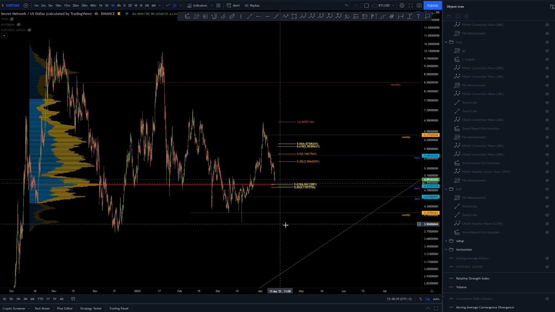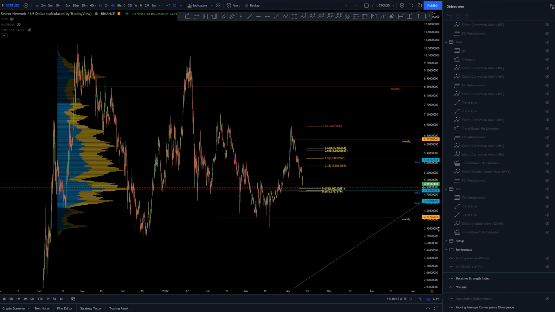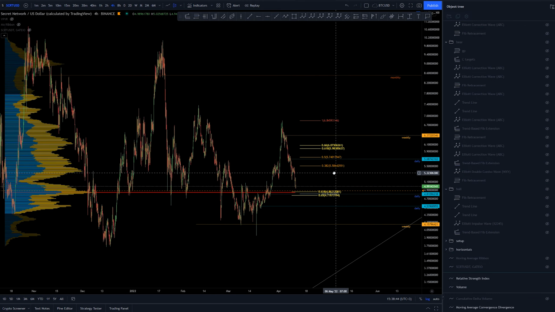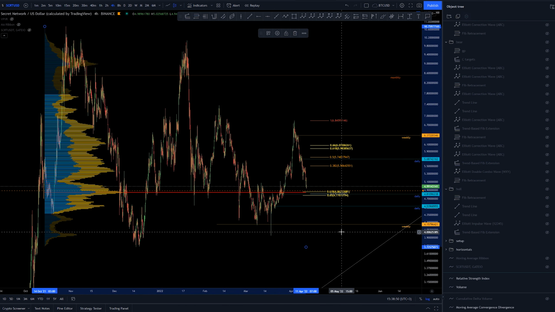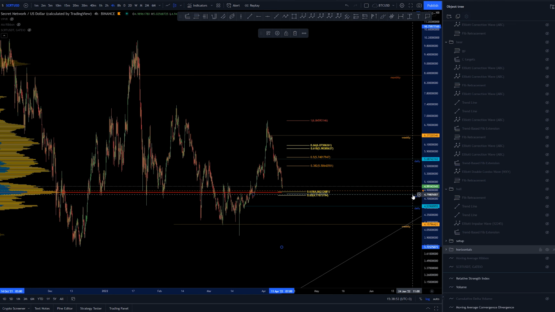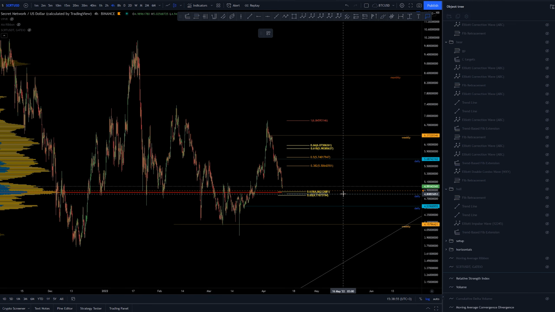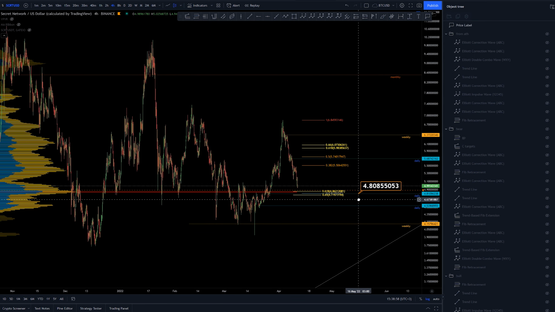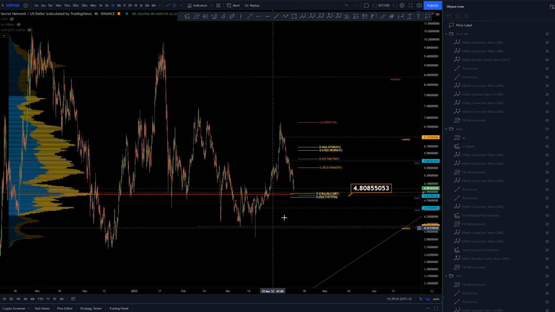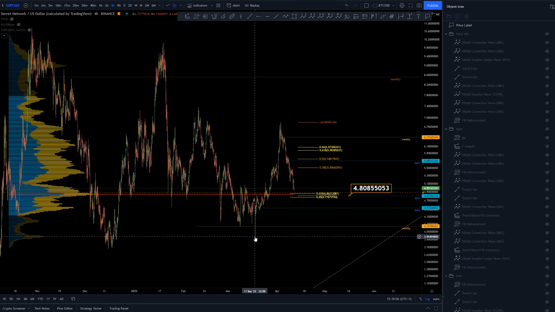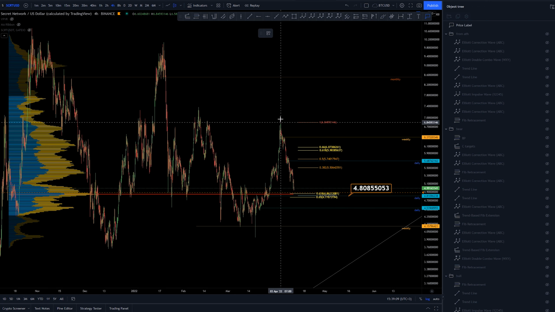I got this setup here that could be a possible setup for myself only. This here is the volume profile for this whole range, and we got this daily level at around $4.80 with the point of control around the same area, and a golden pocket from these lows on the 18th of March and the high of April 3rd, all lining up really well on this area.